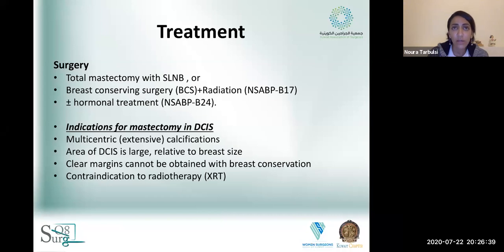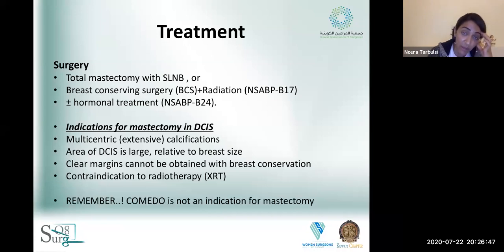Contraindication to radiotherapy, such as prior radiotherapy, pregnancy, active connective tissue disease. And I want you to remember, comedonecrosis by itself is not an absolute indication for mastectomy. If you have a 2 centimeter focus of DCIS, even if there is high grade and comedonecrosis, it's not by itself an indication to proceed to mastectomy.